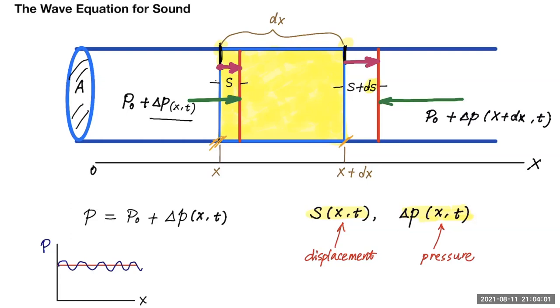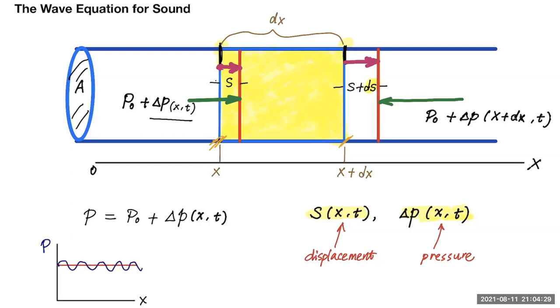Suppose ds is positive, then there's an overall increase in the volume of this column. Otherwise, if ds is negative, it's getting compressed. So there is a change in the volume of this column, and that results in a change in the pressure. So let's see what kind of equation we can write for s and for delta P.